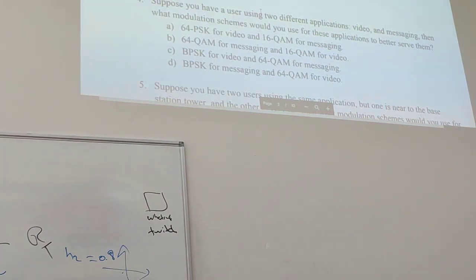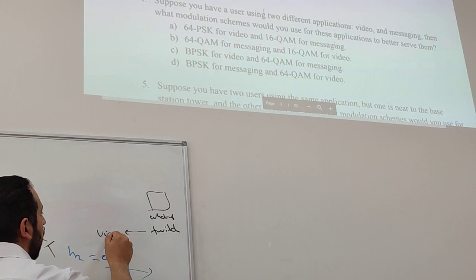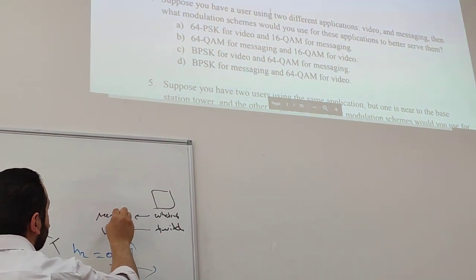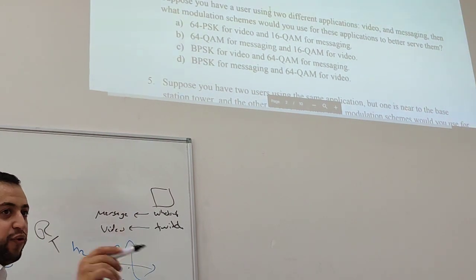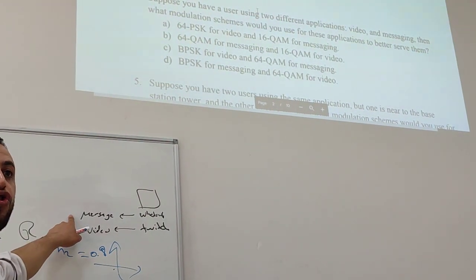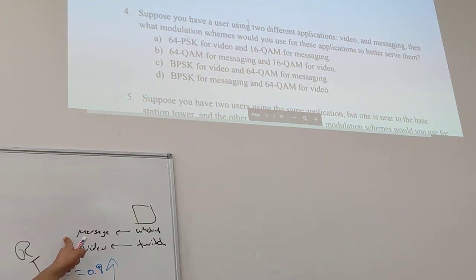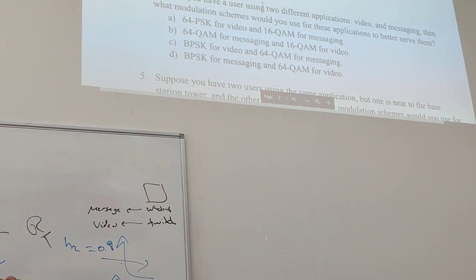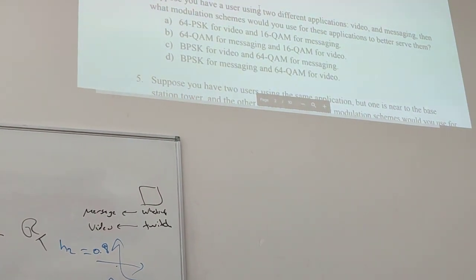Twitch we know is a video service, like YouTube. WhatsApp is a messaging service or call, depending, but if you are using it for message, it's going to be pure message. So for message, you don't care too much about data rate, you care about reliability. I want to make sure my message goes through correctly without any problem.